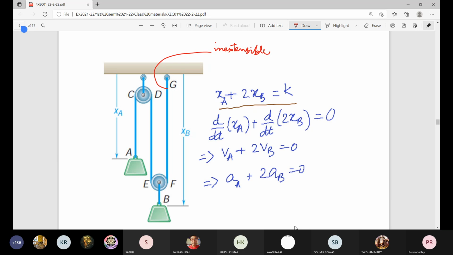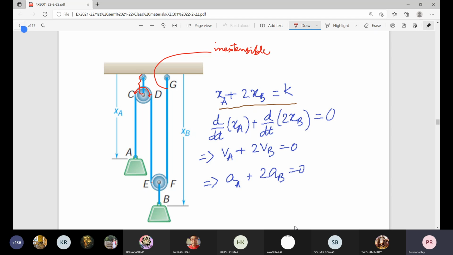Now, this distance is constant. This distance is also constant. Half of twice pi r of this radius of this pulley.